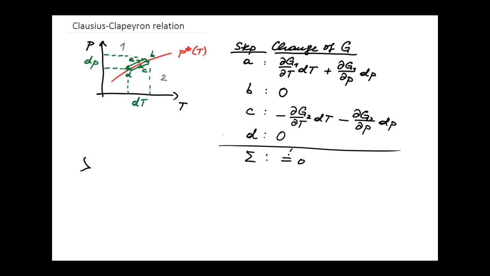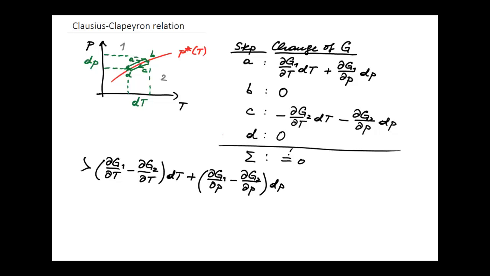Now if I group the terms that are proportional to dT and the terms that are proportional to dP, I find that the partial of G1 with respect to temperature minus the partial of G2 with respect to temperature, times dT, plus the partial of G1 with respect to pressure minus the partial of G2 with respect to pressure, times dP, must be equal to 0.